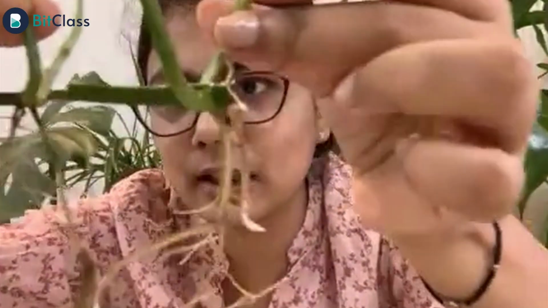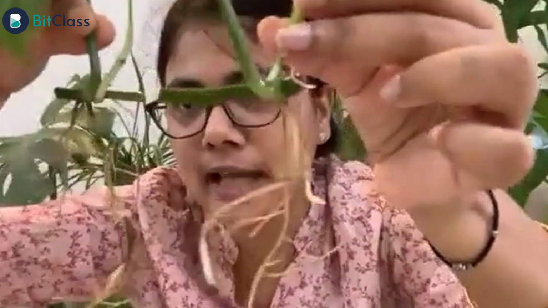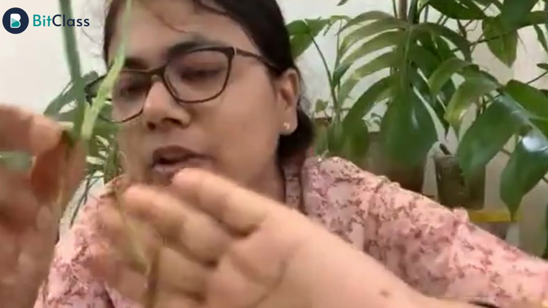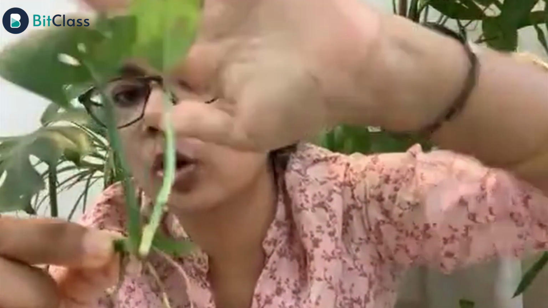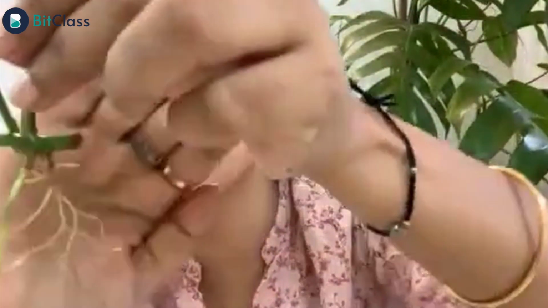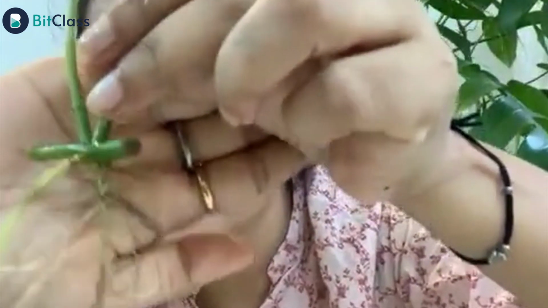So for example, we have this node. See, these are node cuttings. I had a long stem, I chopped it, and I made sure every cutting has one node, and from the node roots will grow, shoots will grow. From one node, you can see there is only one node. I chopped it and I dipped the node in water. I have the roots growing, I have the leaves growing.